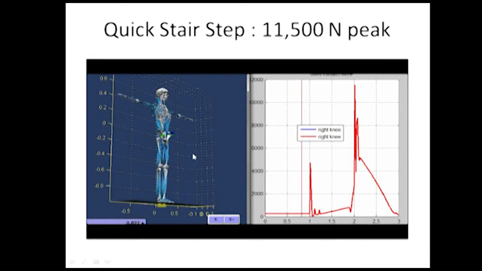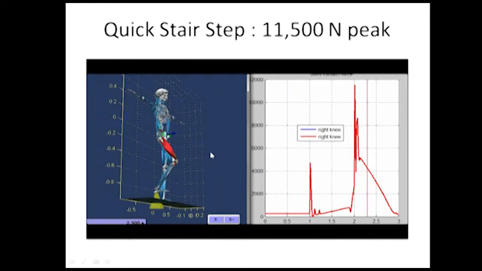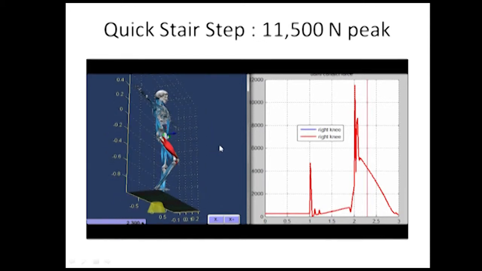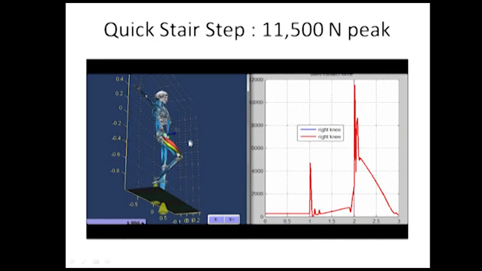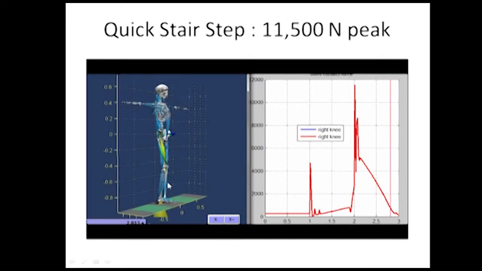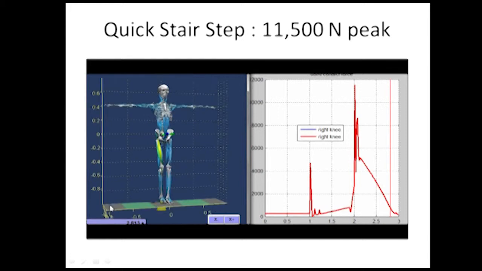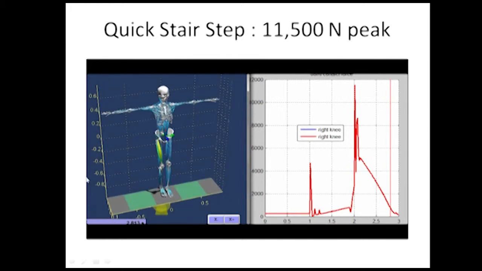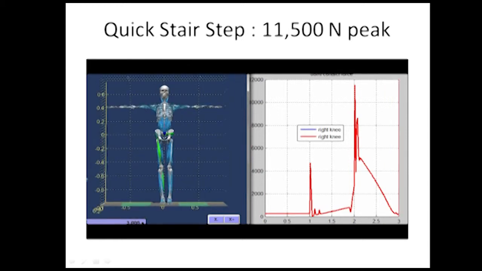Whether or not that is accurate, I don't believe anyone has the data to verify that. But nevertheless, we can see both the total knee force at the joint as well as the muscular forces used to lift the joint as well as stabilize it.